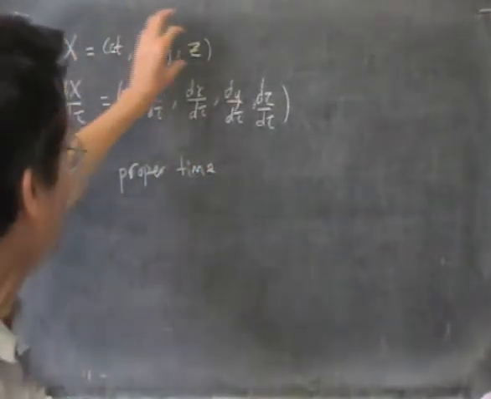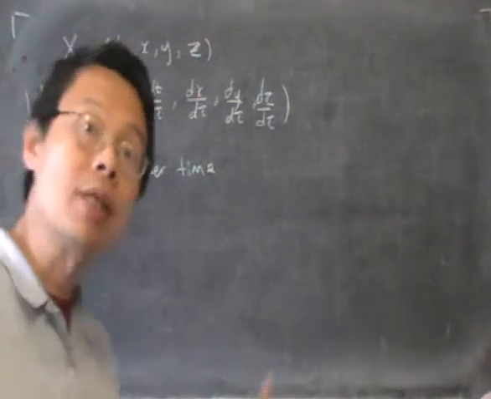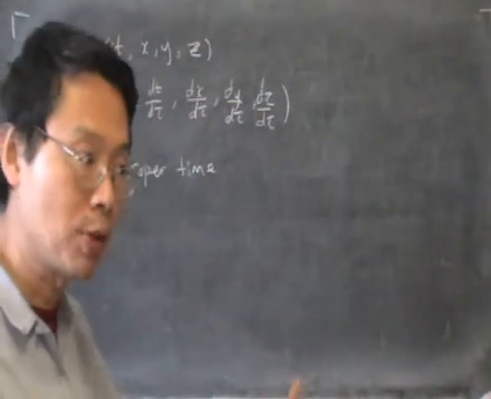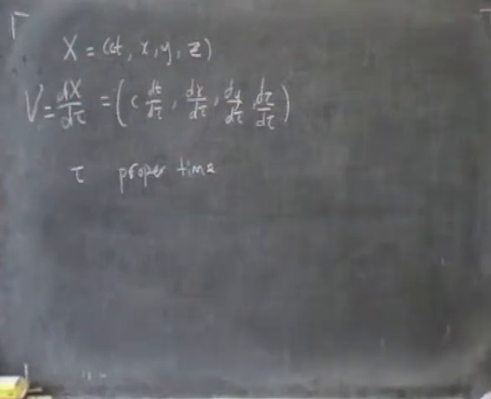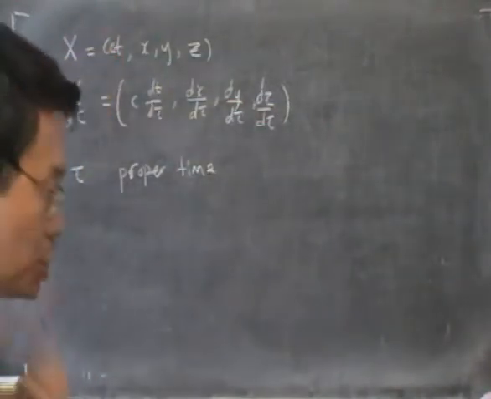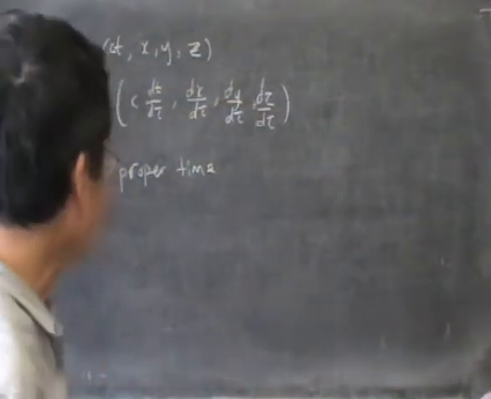And this would change if I change to another frame of reference, another observer moving at a different velocity. So the time will change as well in different frames of reference.